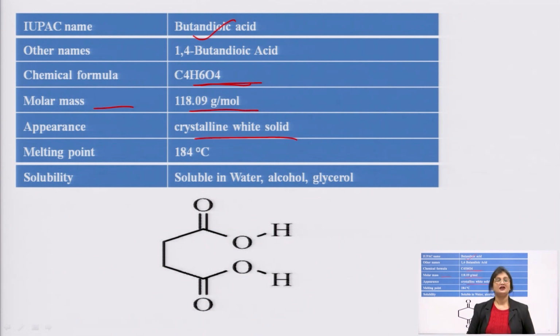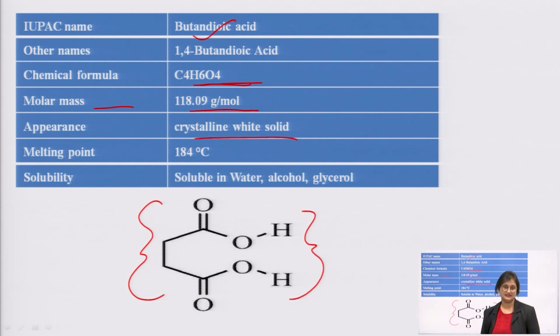It is a crystalline white solid with a melting point of 184 degrees Celsius. It is soluble in water, alcohol and glycerol. Now, this is the structure of succinic acid. As we already discussed, succinic acid is a dicarboxylic acid.